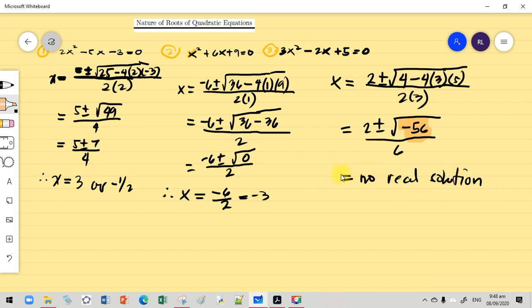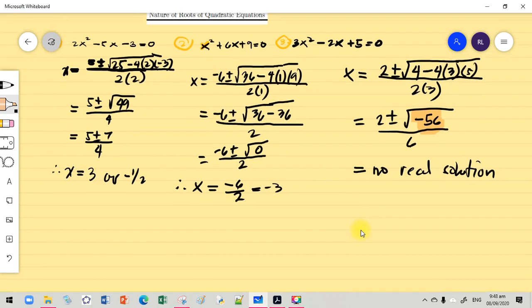What does it mean when we say no real solution? It means there is actually a solution, it's just that the solution is not in the real number system. It means imaginary numbers, and that's another topic. So no real solution means that you cannot see the solution on the real number line.